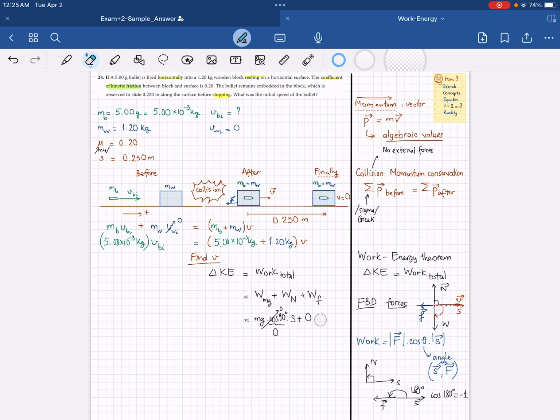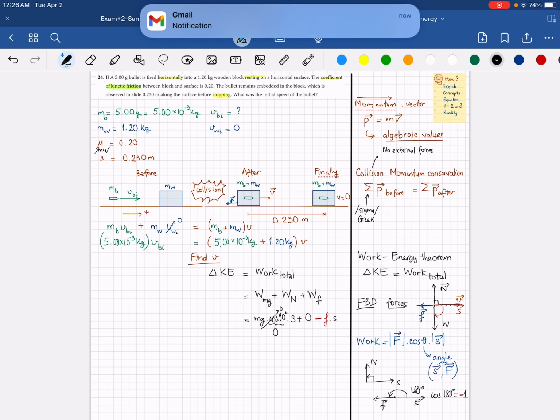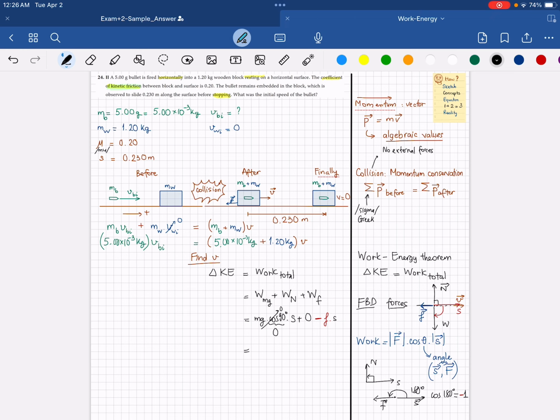Because I want to do it in the trap, I don't want to add details here. Can I make a minus here? That is from the minus 1 here, and that should be the magnitude of the friction times the displacement s. Is it good? Right? So when we put them together, this one simply is minus f times s, right? This is everything on the right side.